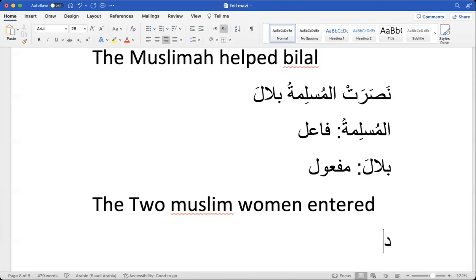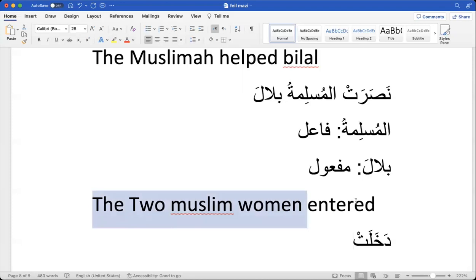First of all, you will say dakhalat. No, not the dual, dakhalat. Why not the dual number? Because, you see, the outside doer is not part of the fa'il.